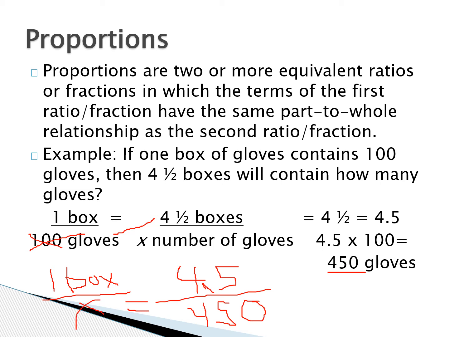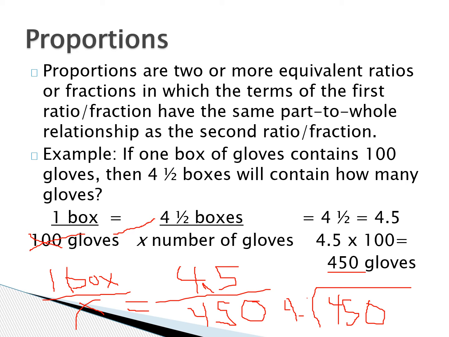So how would I solve for this x? I would do the same exact thing. I would cross multiply. 450 times 1 still is going to give me 450. But then I have to divide it by 4.5 to figure out x.